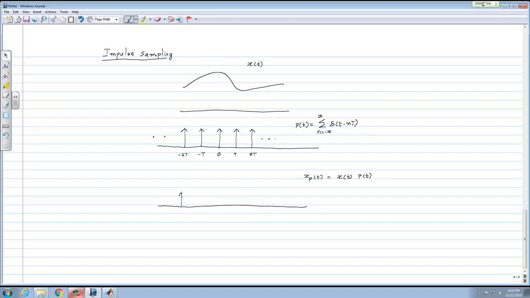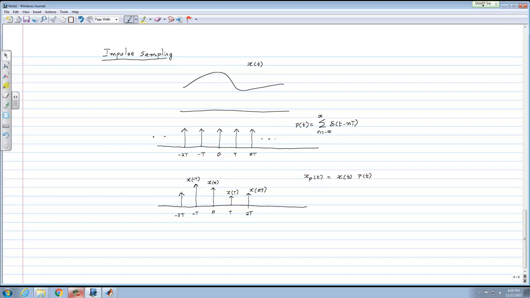I would get something bigger here, something similar, something smaller. So the strength of this impulse would be x of 0, strength of this would be x of T, this would be x of 2T, x of negative T, so on and so forth.